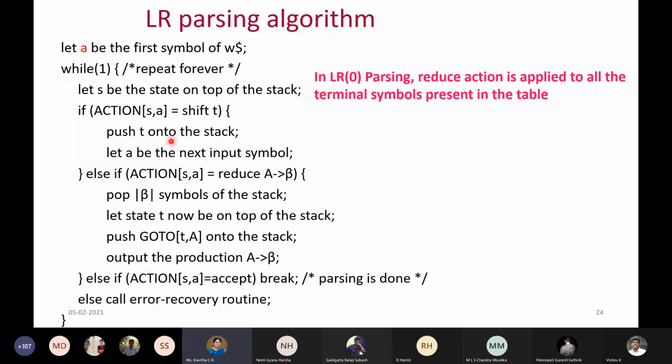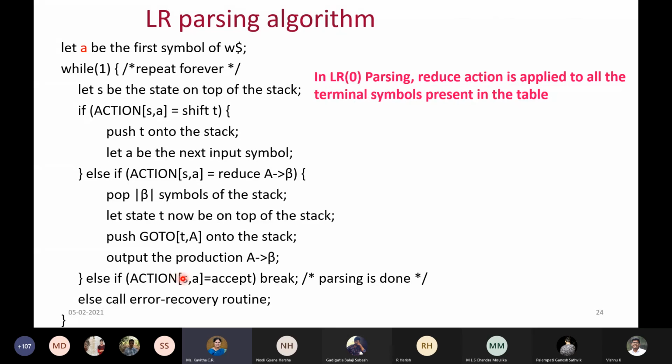And the next action is what? If it is not shift, if it is not reduce, then it has to be accept. Accept can happen only for one particular situation: whenever the input matches with dollar, and I have the start symbol on the top and the corresponding state with that.